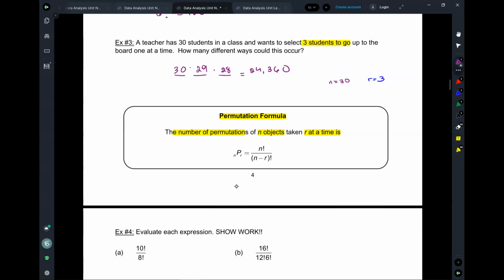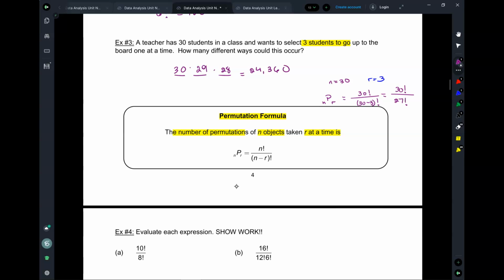It's n permutation r, so that's going to be n factorial, 30 factorial, over 30 minus 3 factorial. How much is that? 30 factorial over 27 factorial.